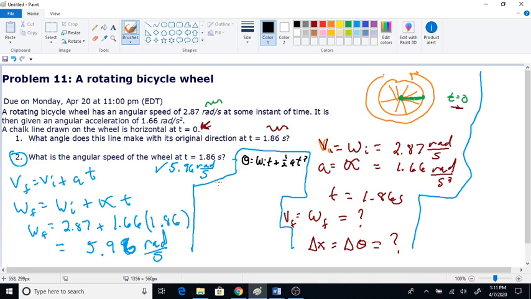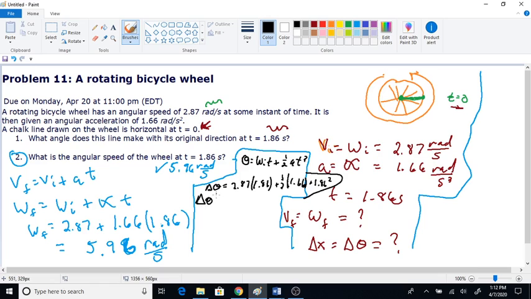So I'm going to solve delta theta equals 2.87 times 1.86 plus 1/2, oh no, out of space, 1.66 times 1.86 squared. Sorry, I am truly sorry. That is an absolute disaster in there.